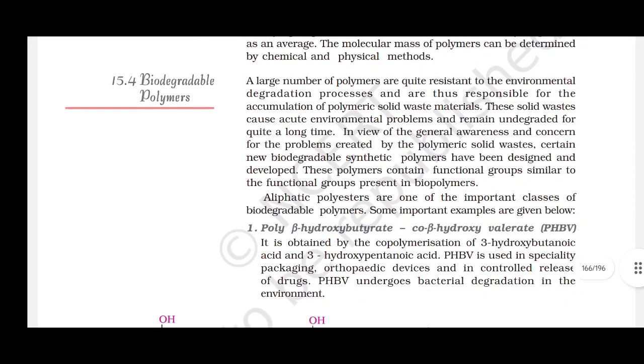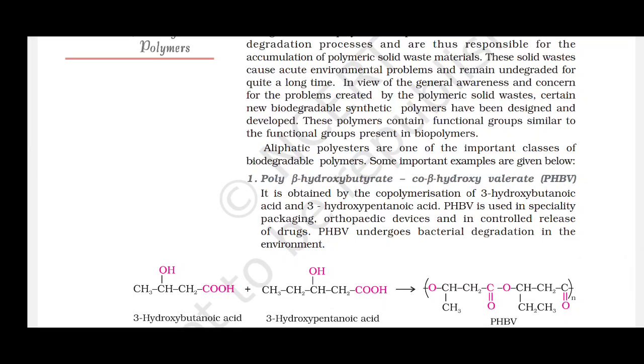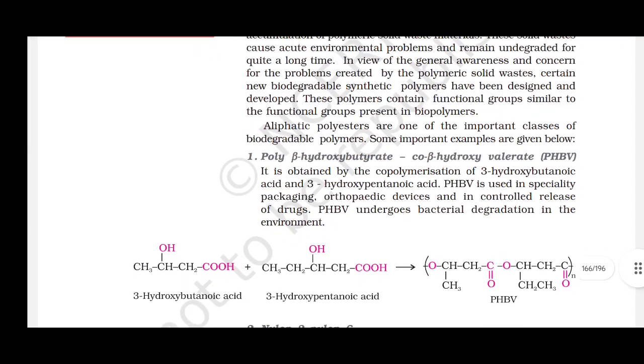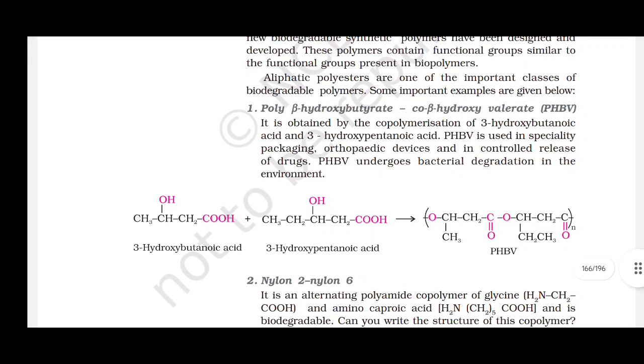These polymers contain functional groups similar to the functional group present in biopolymers. Aliphatic polyesters are one of the important classes of biodegradable polymers. Aliphatic polyesters, okay? Some important examples are given below. Poly beta-hydroxybutyrate-co-beta-hydroxyvalerate, which we call PHBV.